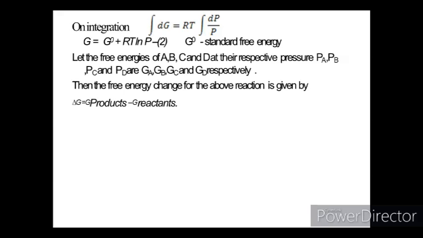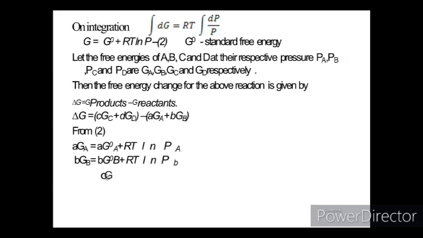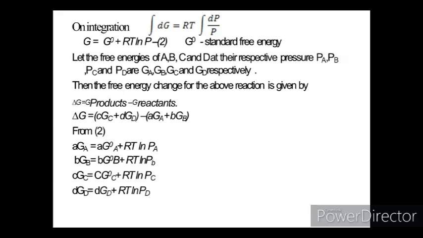Applying the equation, delta G, the change in free energy, is equal to G product minus G reactant for an equilibrium process. I am applying equation 2 to the reactant side and the product side.